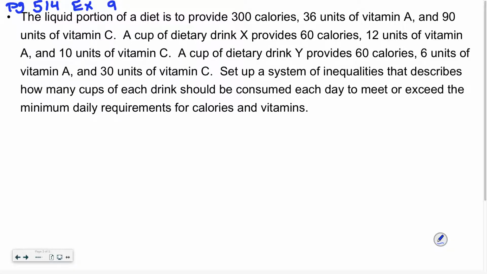But go ahead and read through that scenario. And as a pod, which means you have to talk to each other, as a pod, write down what you think our unknowns are. What is it that we're trying to find? What would be our variables? So read through it and then talk.